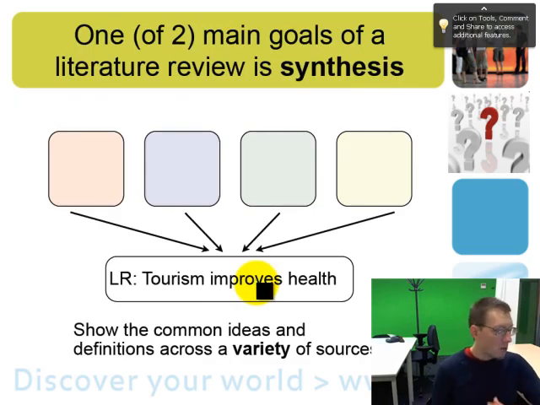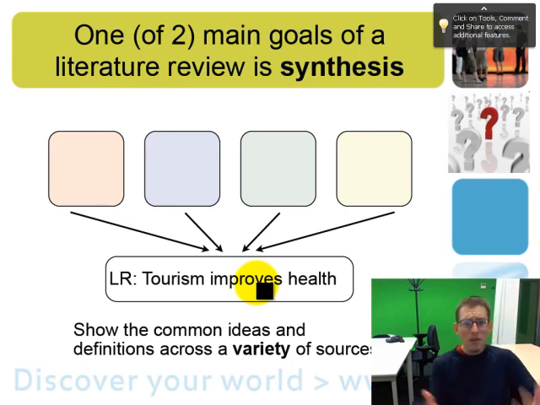Synthesis means bringing ideas from a variety of sources, that is a variety of books or scientific papers that you read, together. So for example, there are lots of articles about the effects of tourism on health. People who take holidays are less likely to have heart attacks, they feel lower levels of stress, they experience more positive feelings.